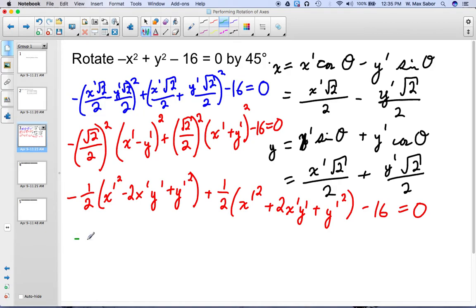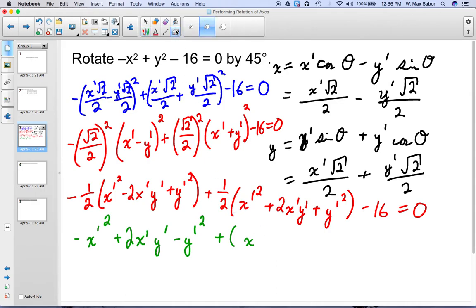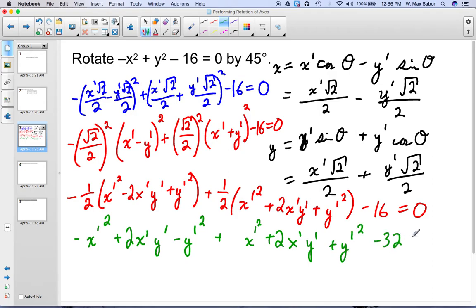And when we multiply everything by 2, we get x prime squared minus 2x prime y prime plus y prime squared, plus, get rid of the parentheses, x prime squared plus 2x prime y prime plus y prime squared, minus 32 equals 0.